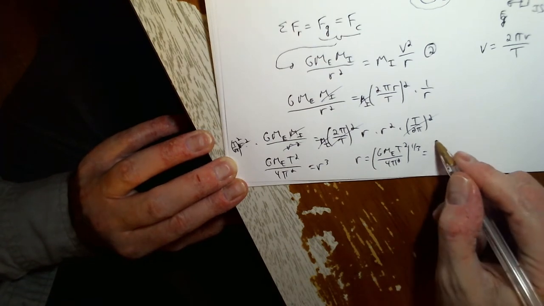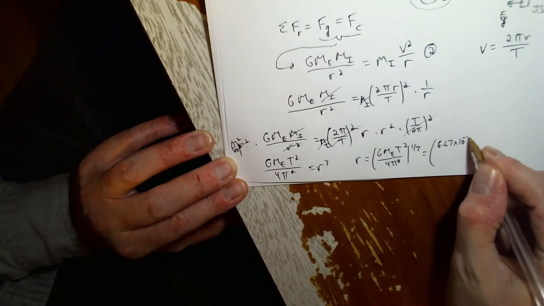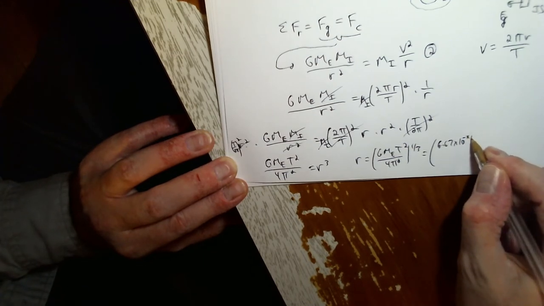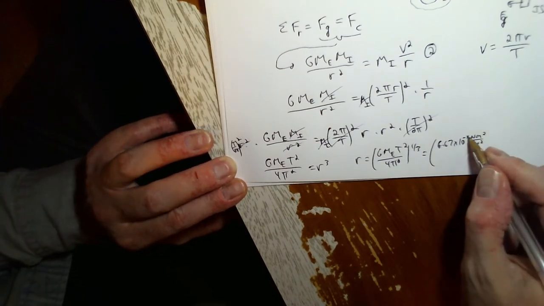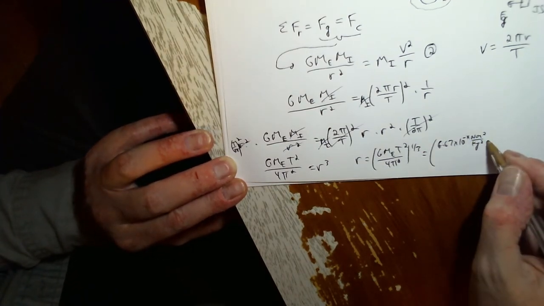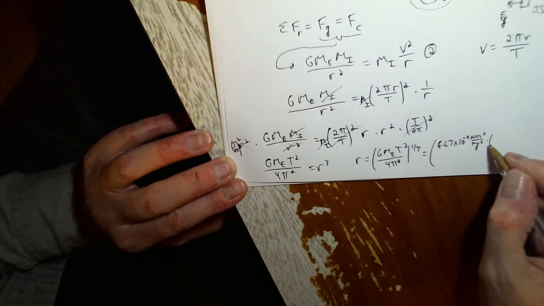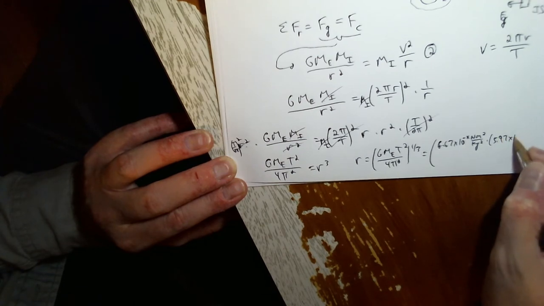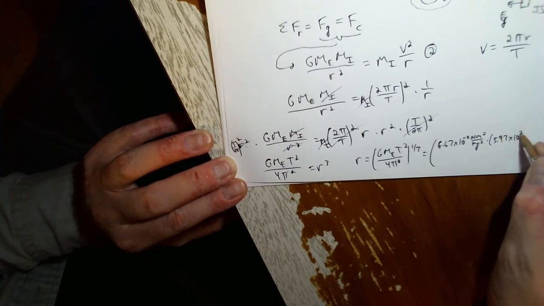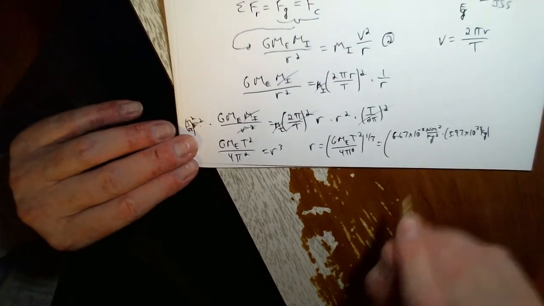And that equals G, which is 6.67 times 10 to the negative 11 newton meter squared per kilogram squared, times mass Earth, which is 5.97 times 10 to the 24th kilograms, times that period squared.